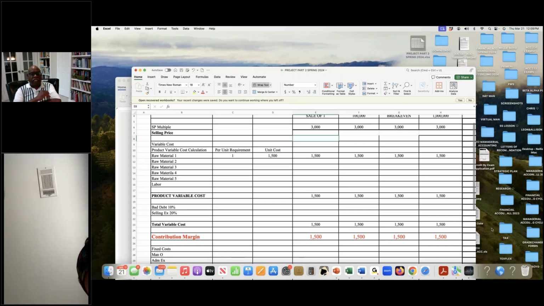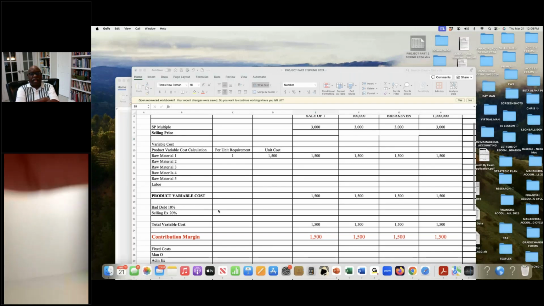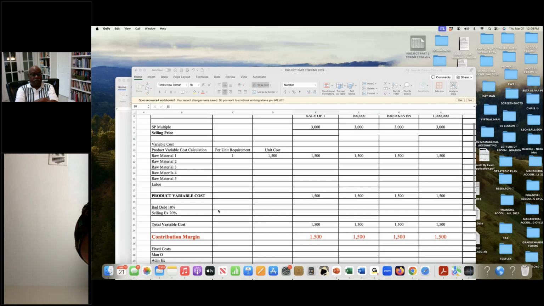So a key thing that will make your work easier is that if you get your Excel sheet in good order. We're not trying to make you do a lot of calculating. You need to understand what you're doing. Then realize that on your project, you're going to have to calculate those same quantities.